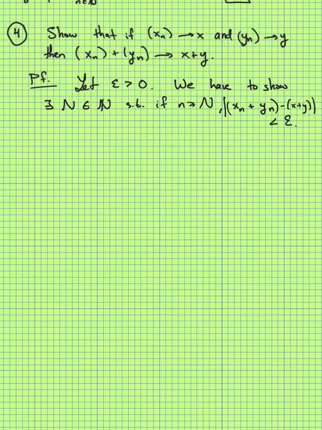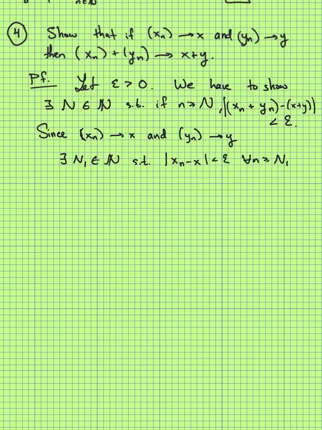Okay? So what we do is, since x_n approached x and y_n approached y, we know that there exists some N1 in the natural numbers so that the absolute value of x_n minus x is less than epsilon for all n greater than or equal to N1, and there exists some N2 in the natural numbers so that the absolute value of y_n minus y is less than epsilon for all n greater than or equal to N2.